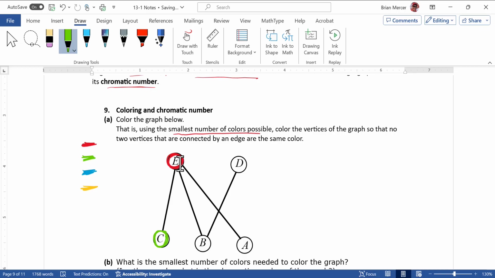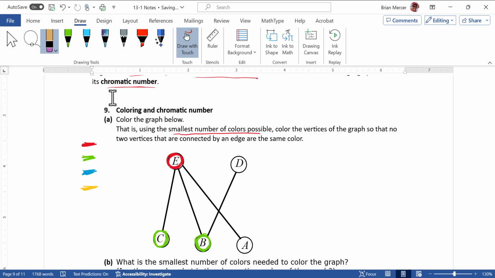I went to red and green, and then go to the next vertex and start back over through my order of colors. It can't be red, but it can be green. That doesn't create a problem because C and B aren't connected. If C and B were connected, then I'd have to pick a third color. But because they weren't connected, I don't want to use a new color unless I absolutely have to.